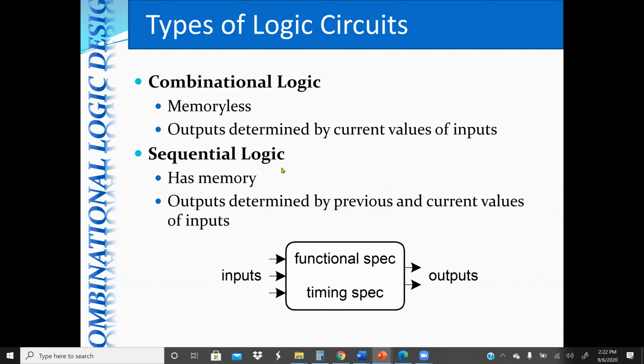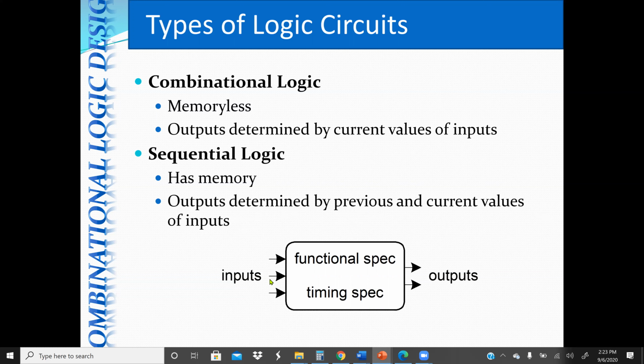In the future, I may have a different input, but this input cannot determine the output alone. Whatever is in the memory, together with the active input, will determine our output. So here we say the output is determined by the previous values, which means we kept some data in the memory, and the current values of the input.